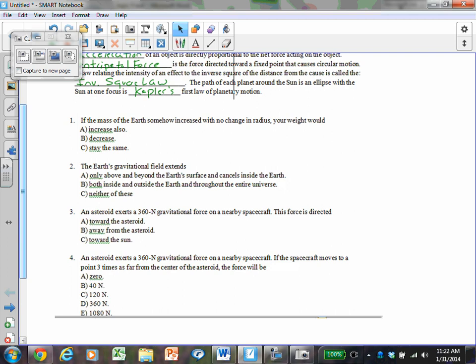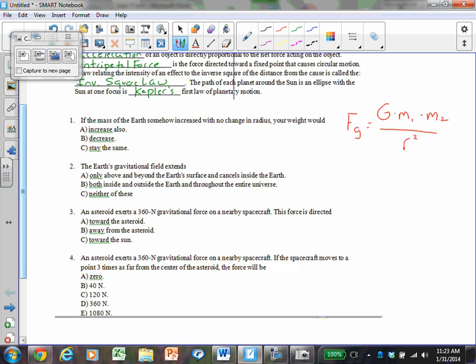If the mass of the Earth somehow increased with no change in radius, your weight would what? Well, let's get this formula up here. So if you increase the mass of Earth, that would mean that this would go up.